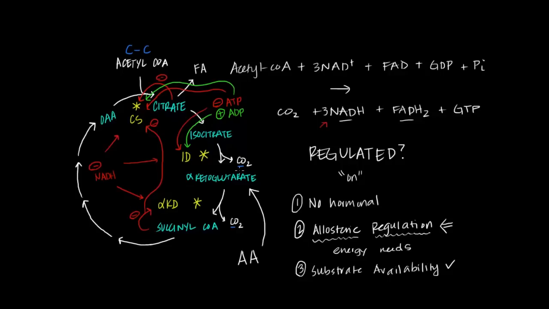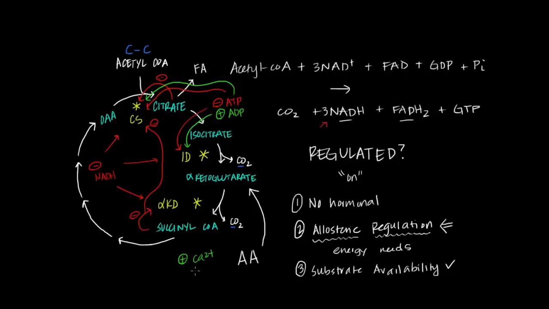All right, so we're hitting the home stretch here, and there's only one more allosteric activator that we need to talk about, and that is calcium. So why might calcium be an allosteric activator? Well, remember that our muscle cells require an influx of calcium to contract. So presumably, if we're exercising really hard, of course our energy needs go up, but our calcium levels inside our cells are also going up because of all that muscle contraction.